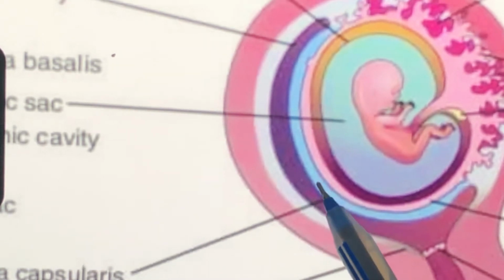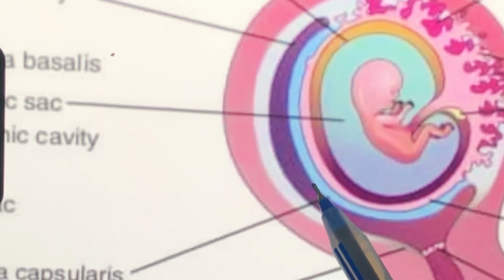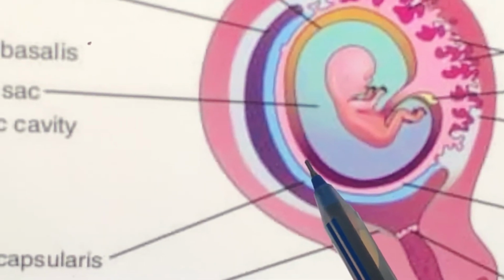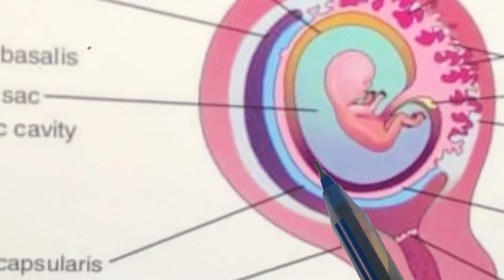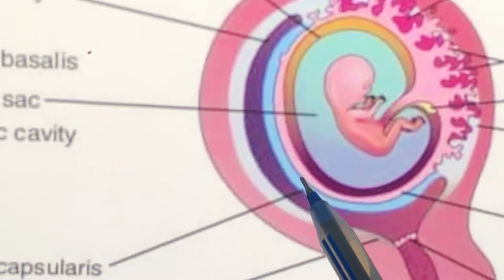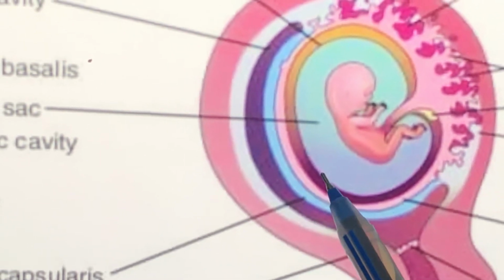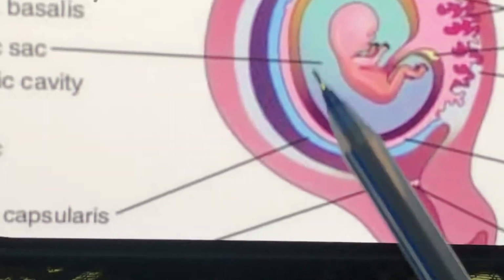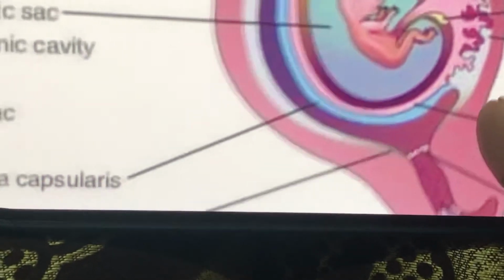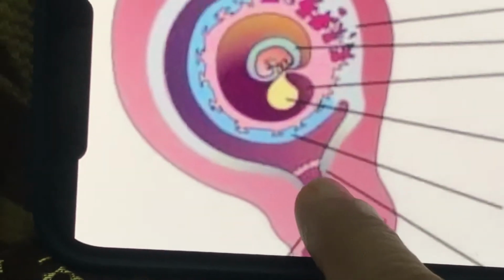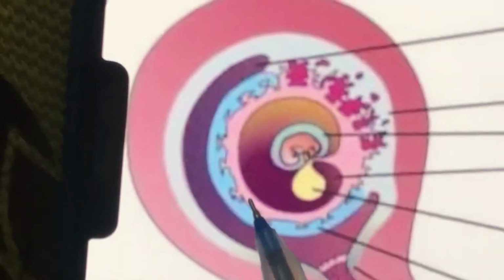This whole area from here, the outer surface of the chorionic membrane till the inner surface of the amniotic membrane, is called smooth chorion. From here to here. This is the smooth chorion.